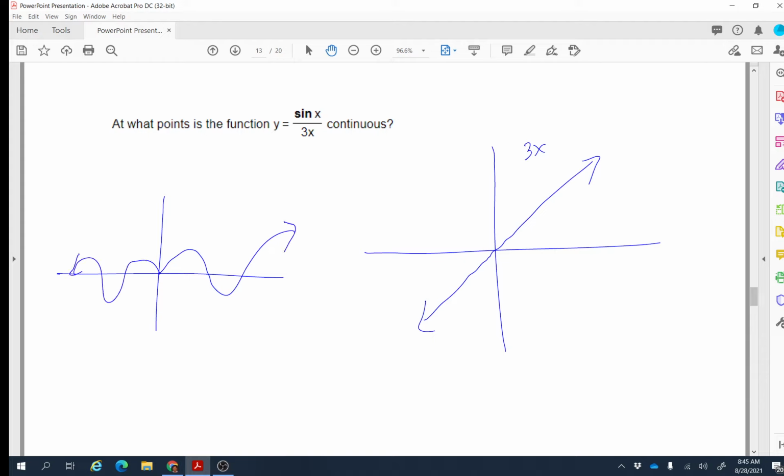Both of them are continuous, but because 3x is in the denominator, we are going to ignore the case where this function gives you 0. So this function is continuous everywhere except 0. y is continuous on negative infinity to 0 union 0 to infinity, meaning we are ignoring 0.